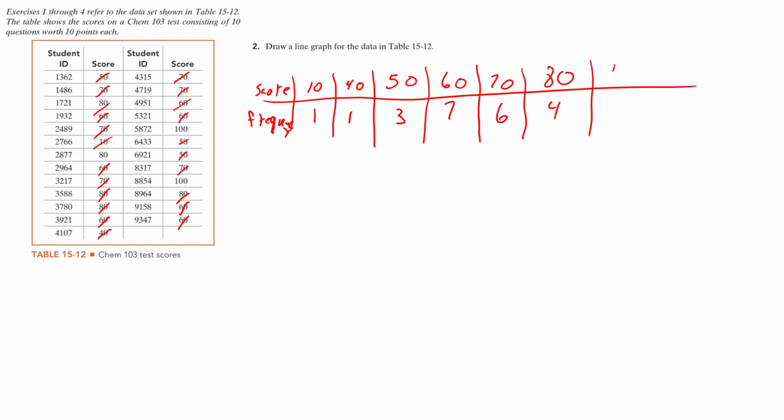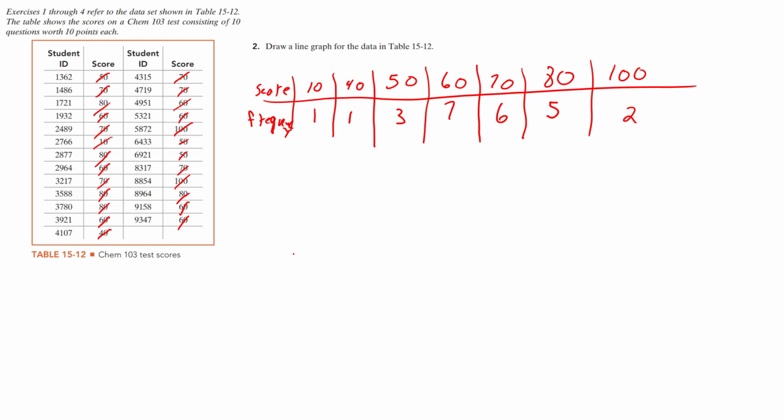And then 100. And there was only one of those. And it looks like I missed an 80. So 1, 2, 3, 4, 5. Ooh, and I also missed a 100. So there were 5 80s and 2 100s.